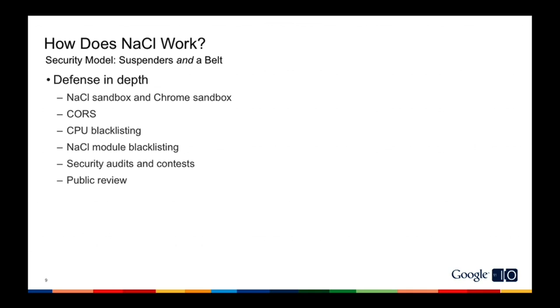So it's a URL, and you can blacklist those. Native Client is an open source project. So we do security audits, we have contests, we have public review of the code, we have peer reviews. We're really, really sensitive to the security issues and are trying to get the attack surface as small as possible.